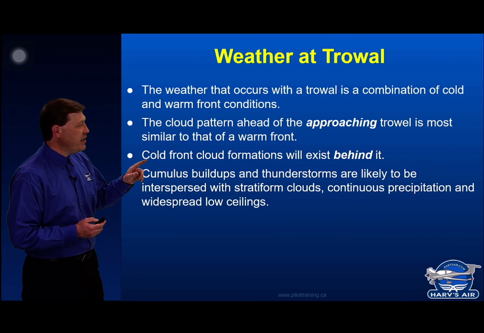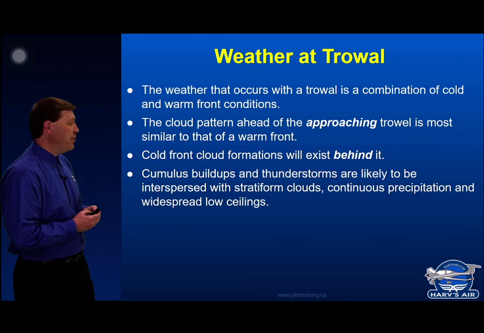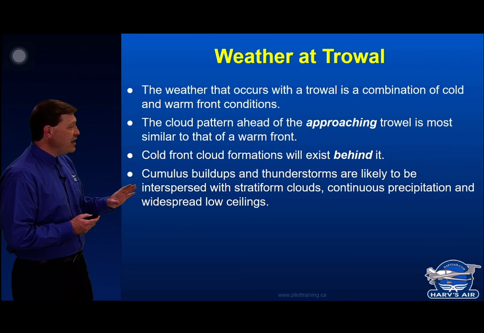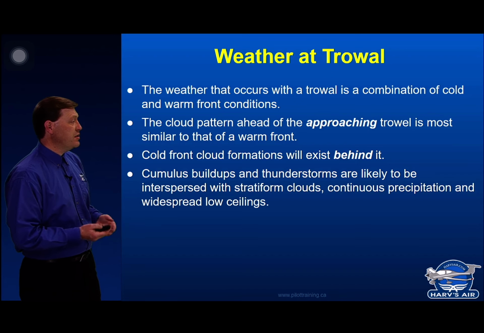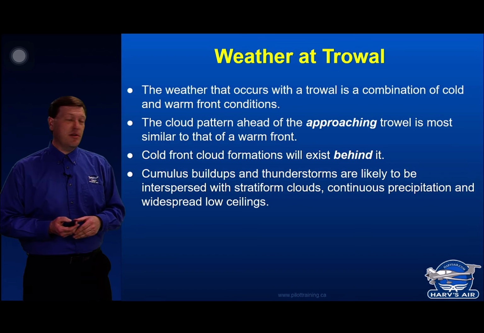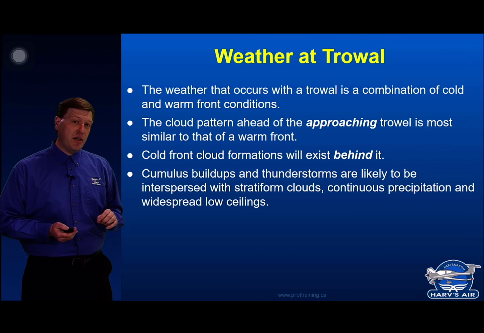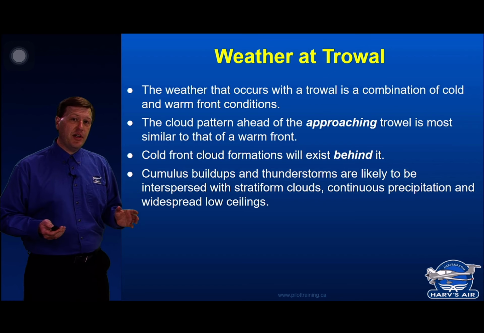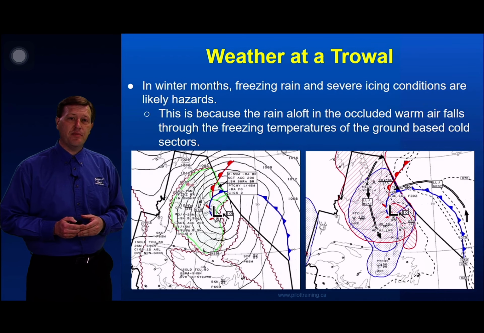Cold front cloud formations will exist more so on the back side of that trowel. Very likely, though, that cumulus will build up. Thunderstorms will be interspersed with stratiform clouds, continuous precipitation, and widespread low ceilings. So really, trowels are typically the worst of the bunch.